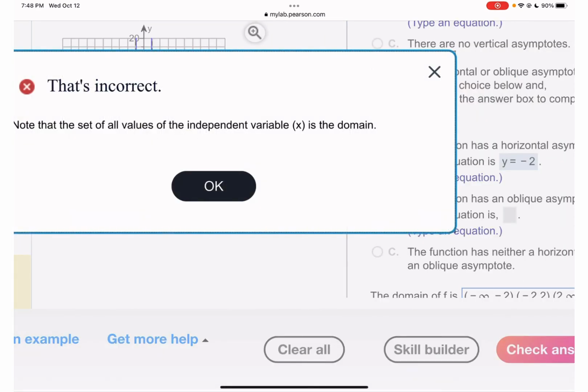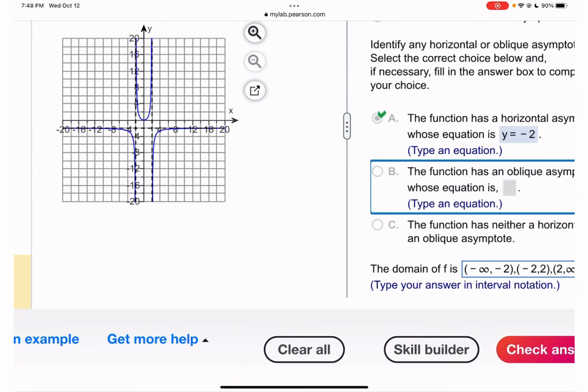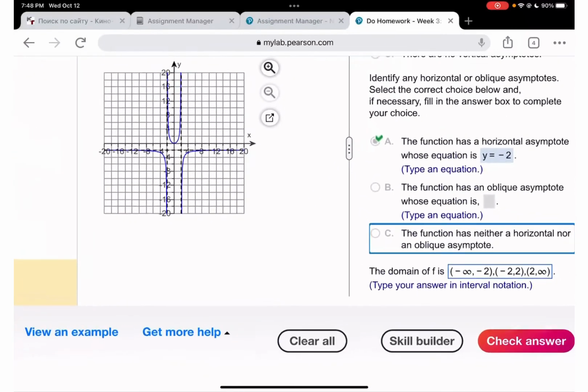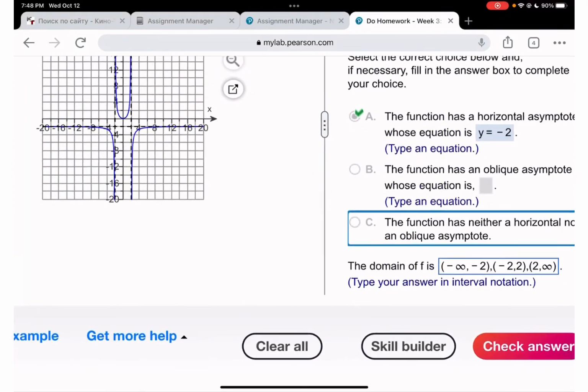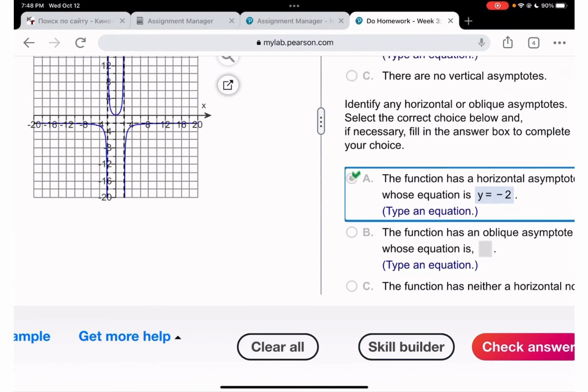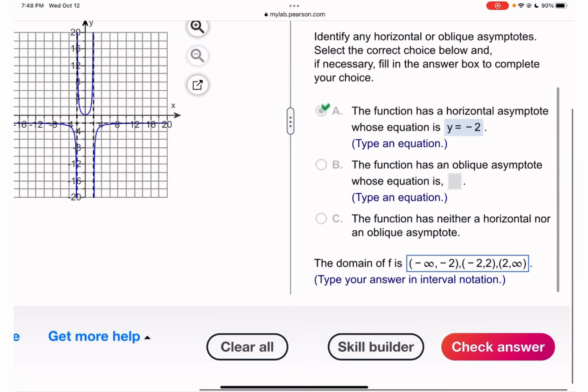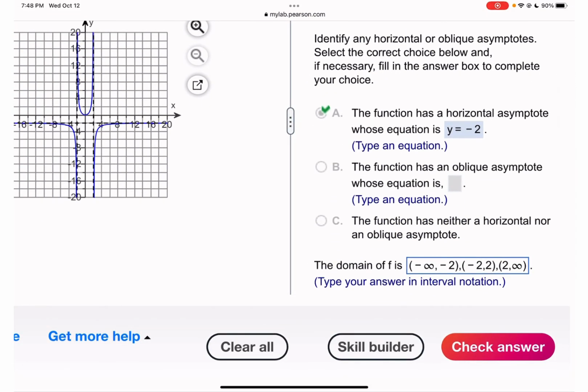Oops. What is going wrong here? We have vertical asymptotes at -2 and +2. Okay, then it has to go, well, it's correct.